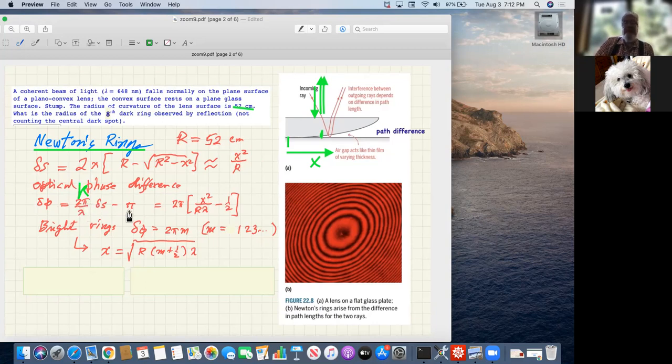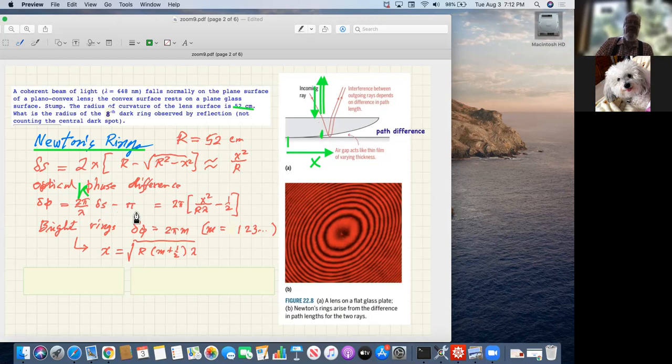But then there's an extra amount of phase difference, because reflection from a dense material into a less dense material, like reflection from glass into air, and reflection from a less dense material to a more dense material, that would be like from air into glass, differ by 180 degrees.